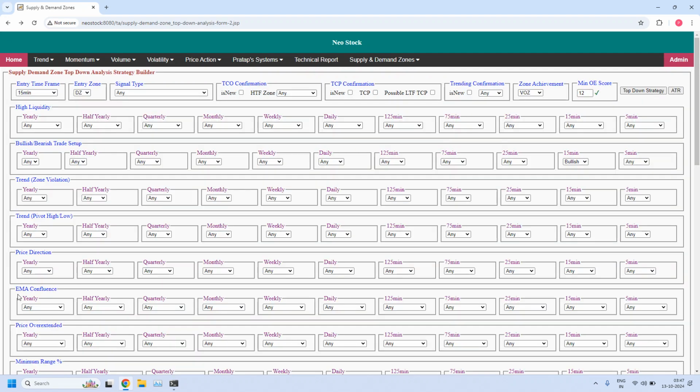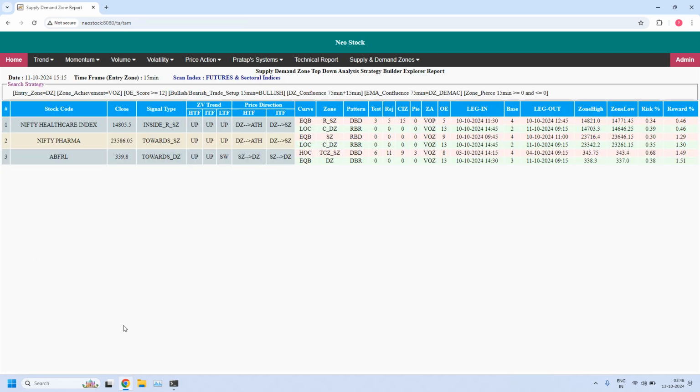Let's verify. In the EMA confluence at 75 minutes time frame, because the 15 minute zone is part of the 75 minute zone and the 75 minutes demand zone is having daily EMA confluence, they are high probability setups. These 3 stocks are having even daily EMA confluence, the demand zones.